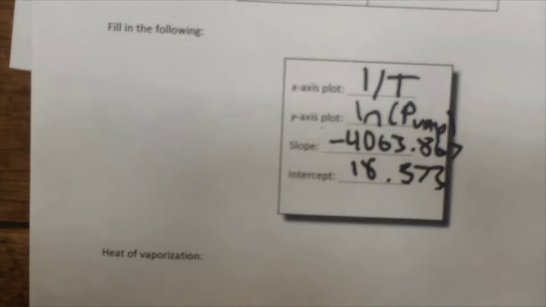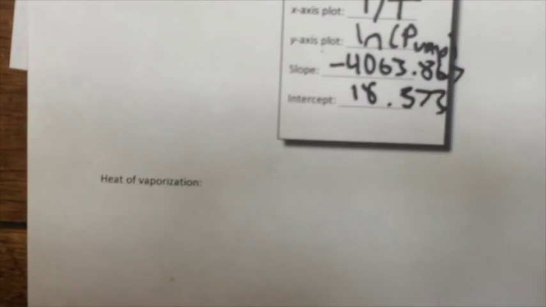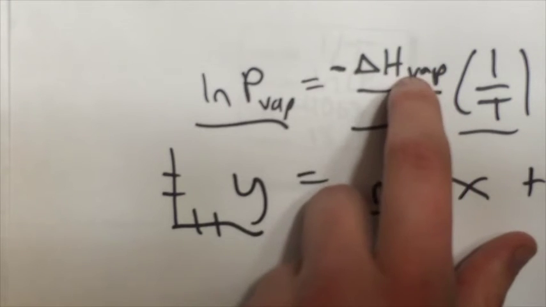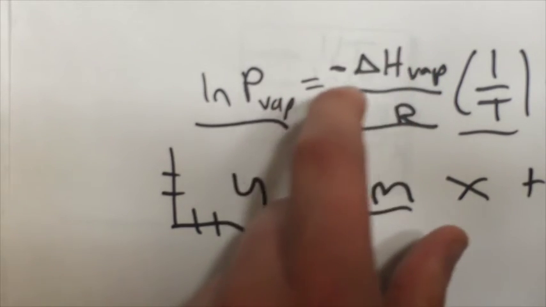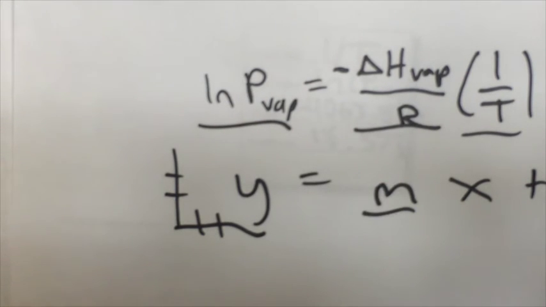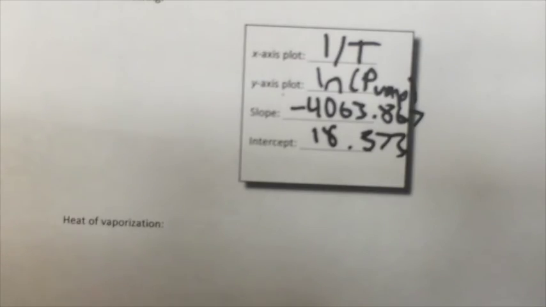All right, so now that we have that, it asks us to find the heat of vaporization. As I said before, the negative heat of vaporization divided by R, which is a constant, is equal to M. M is equal to your slope, right?